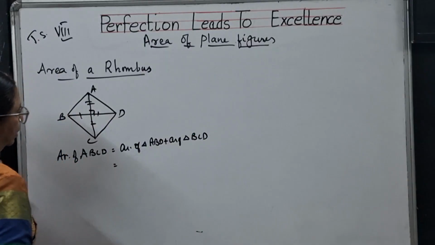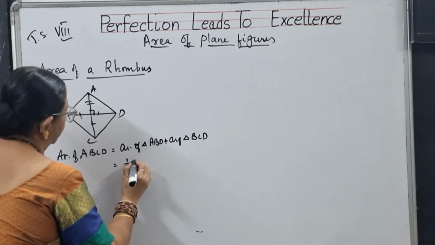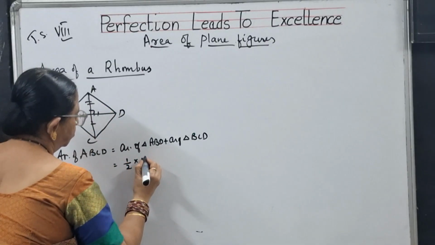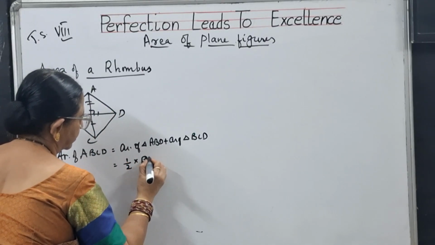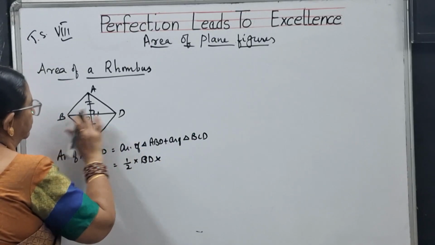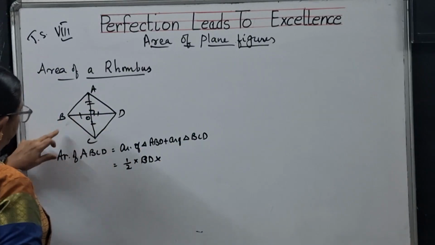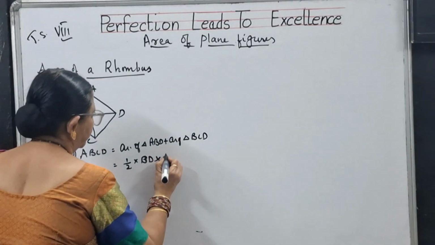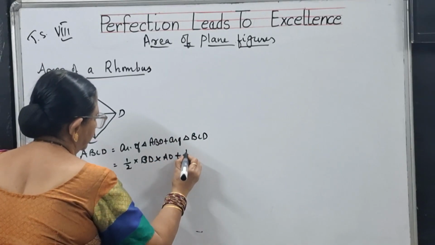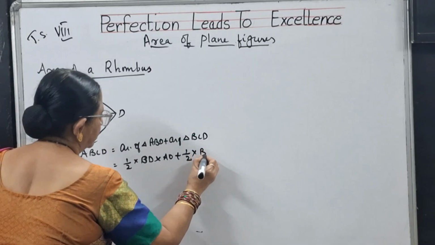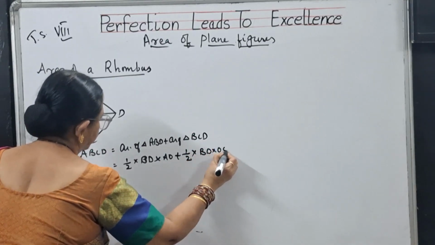The area of triangle ABD is half into BD into AO, where I consider O as the point, the midpoint of the diagonals. Plus the area of triangle BCD, half BD into OC.